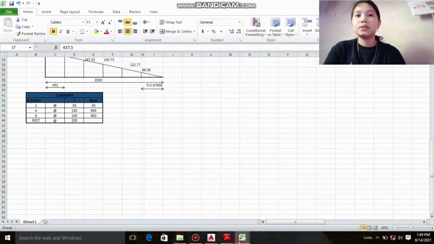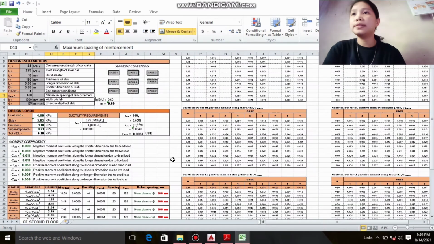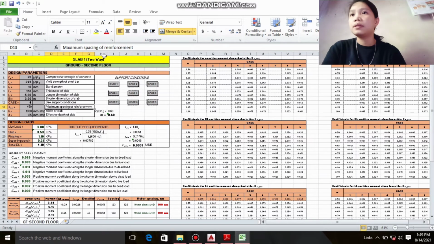Rest. So for the two-way slab from ground floor to second floor, design parameters. So compressive strength of concrete is 28 MPa. The yield strength of steel bar is 275. The bar diameter is 10 mm.